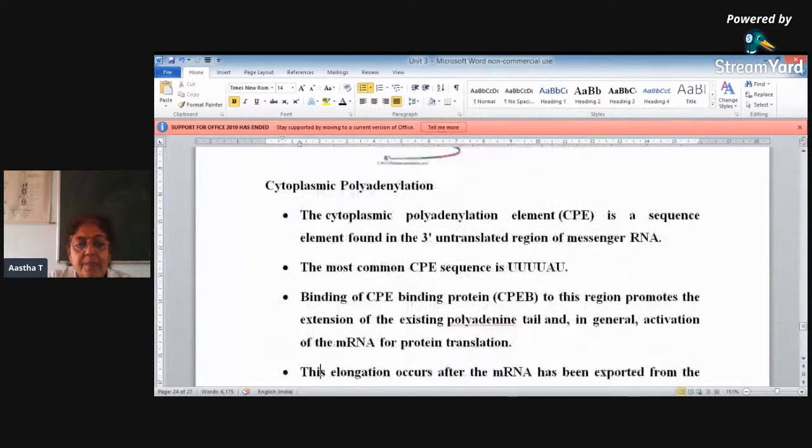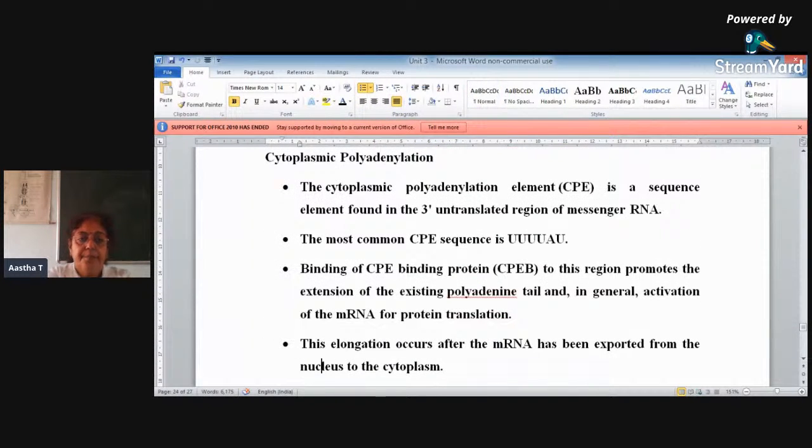Next is cytoplasmic polyadenylation, CPE. The cytoplasmic polyadenylation element is nothing but a sequence found in 3' untranslated region of messenger RNA. Ribosome moves from 5' to 3' direction, pan 3' endla termination codon aalyanantar pan kahi asa region asto which is not translated.